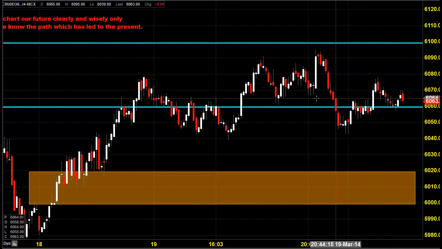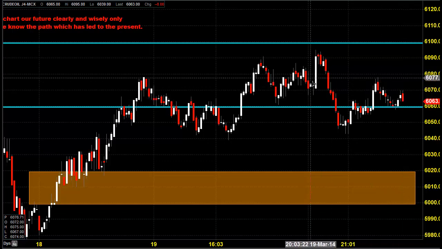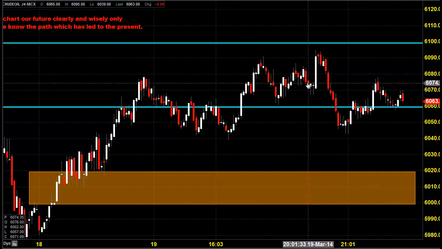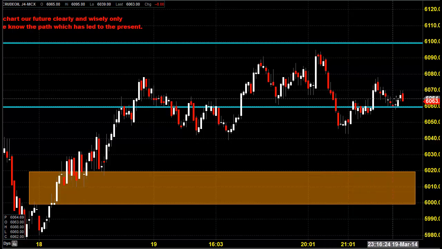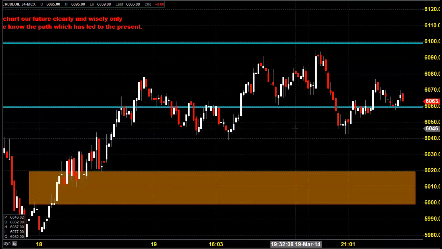Even we had a crude oil inventory report in this time frame that also didn't provide a very clear picture. So on seeing the price action, we could identify that we didn't get anything clear out of that inventory report, so the market behaved as neutral.